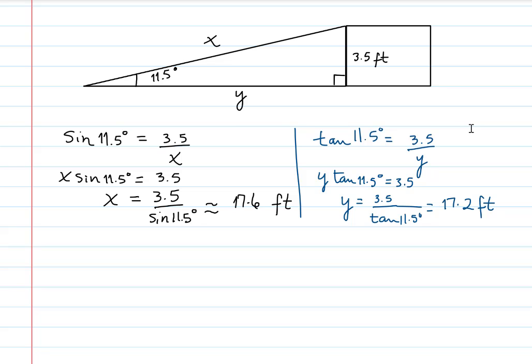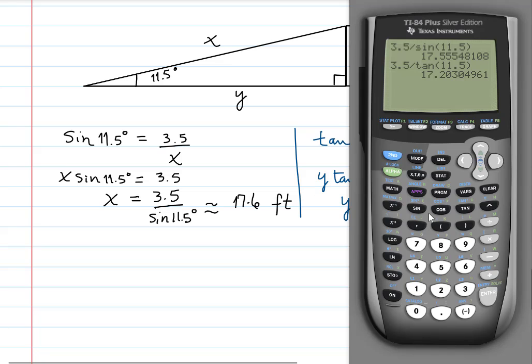Now maybe somebody's asking, why couldn't you use cosecant instead of sine, or cotangent instead of tangent? We could have used those, but the problem is that you're going to have to use a calculator, and the calculator has keys for sine, cosine, and tangent, not the other three.